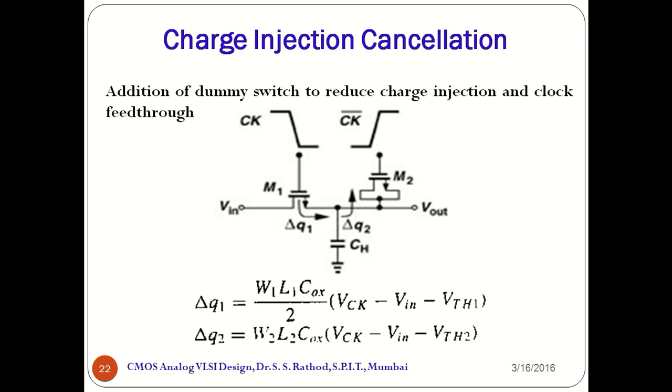So, this is the first technique. We postulate here that the charge injected by the main transistor can be removed by means of a second transistor. In this figure, there is a dummy switch shown, which is M2. It is driven by CK bar. It is added to the circuit such that after M1 turns off, this dummy switch M2 is going to turn on.